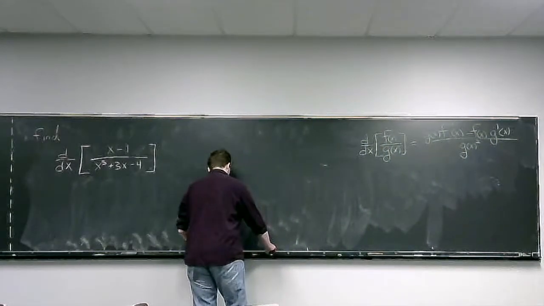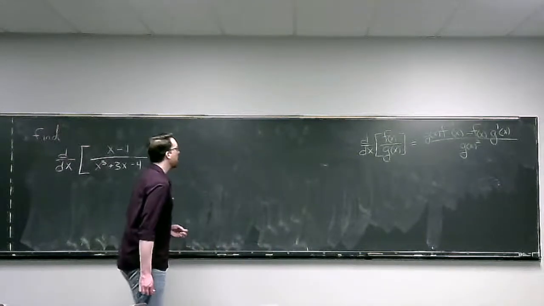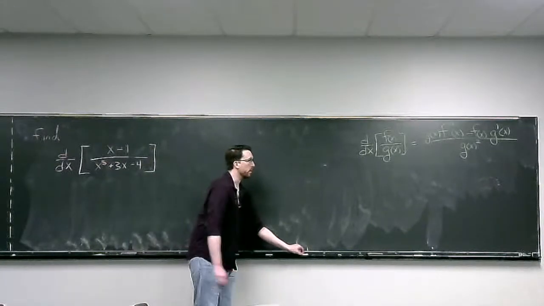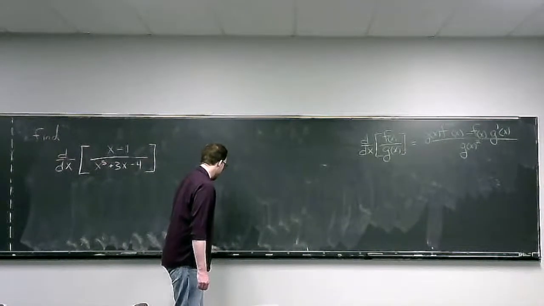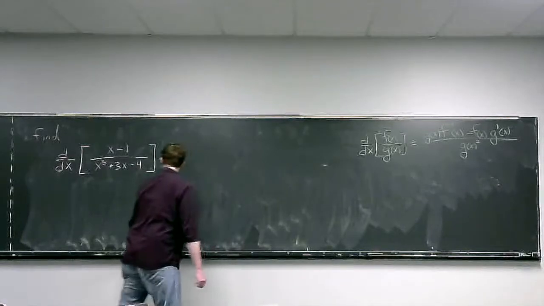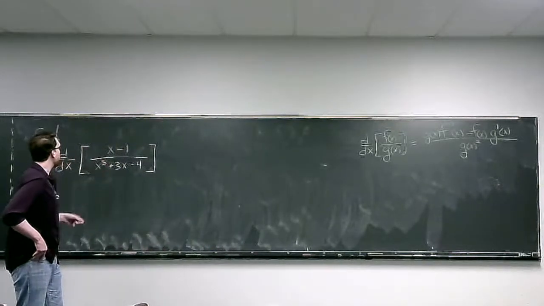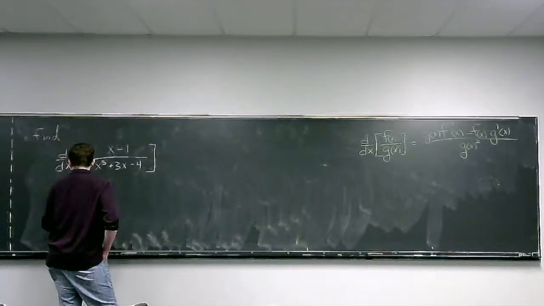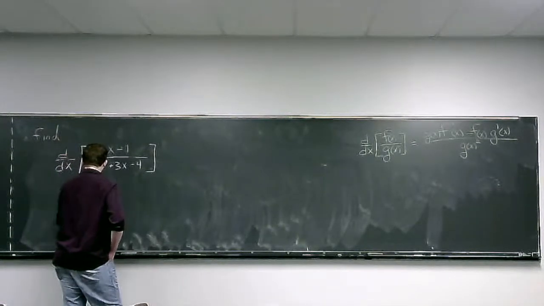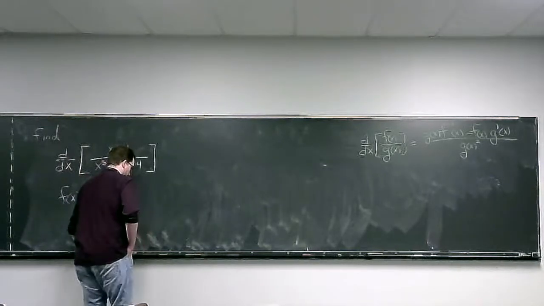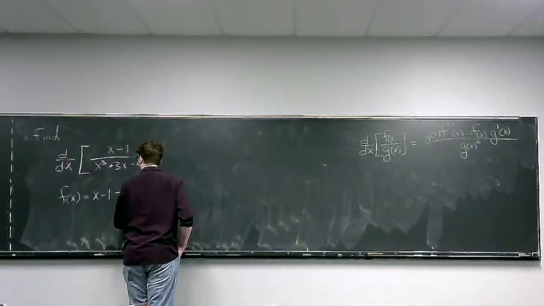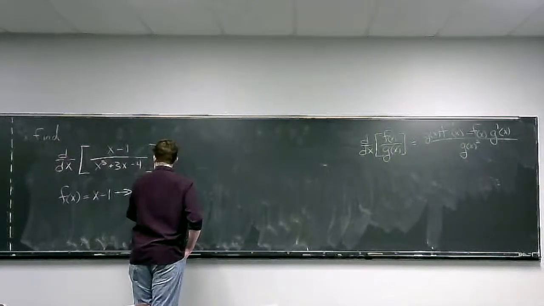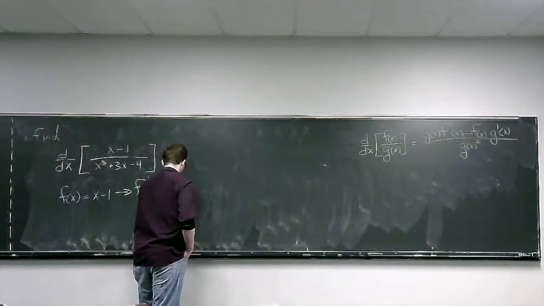Now I know what my f and my g are. f of x is whatever is in the numerator, which in this case is x minus 1. The derivative, f prime of x, is just equal to 1.